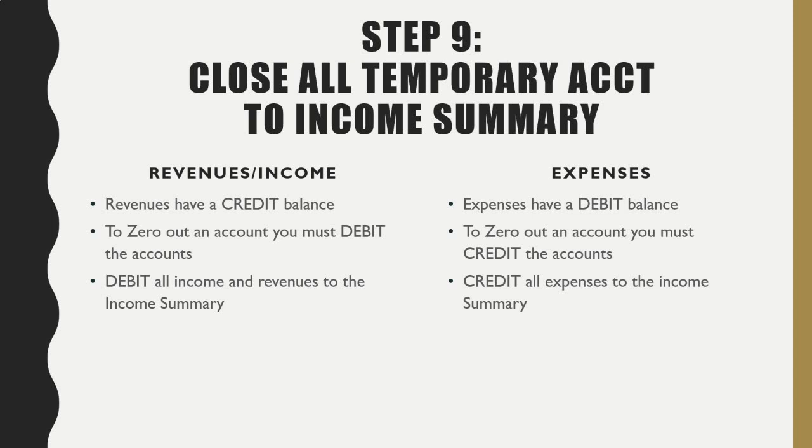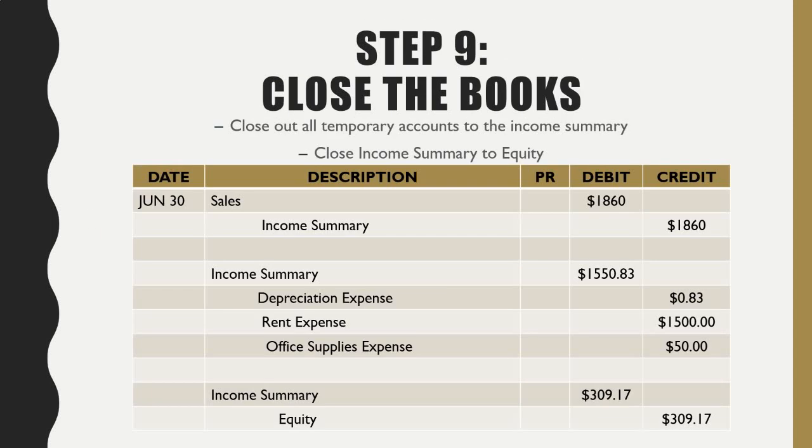It's a placeholder for the total amount of income that you've earned. That's what the income summary does. You close out all of your revenues to the income summary, and you close out all of your expenses to the income summary.